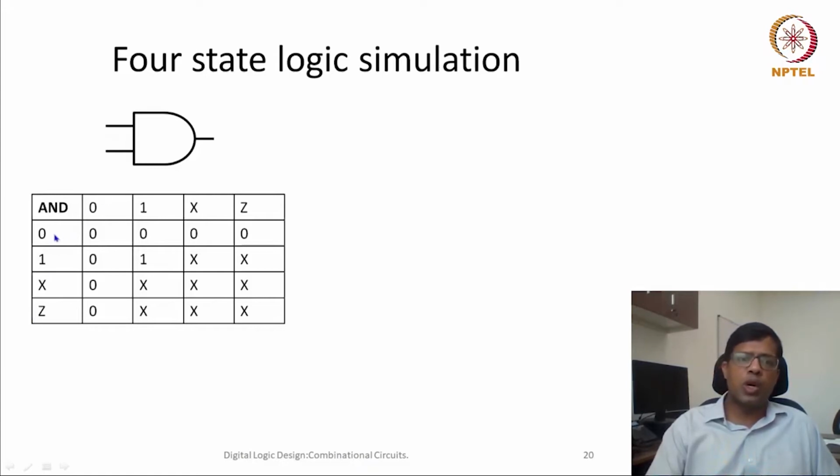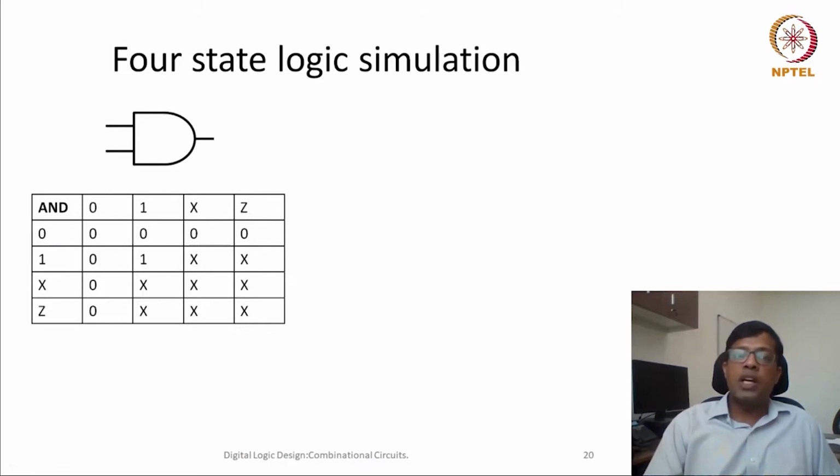Given two inputs, if 0 is ANDed with 0, then it would be 0. 0 ANDed with 1, it would be 0. 0 ANDed with x, then also it would be 0. What does it mean? It doesn't matter what the other input is. If one of the inputs is 0, the output has to be 0. Even if the other input is z, my output has to be 0, because if one input is 0, it doesn't matter what the other input is.